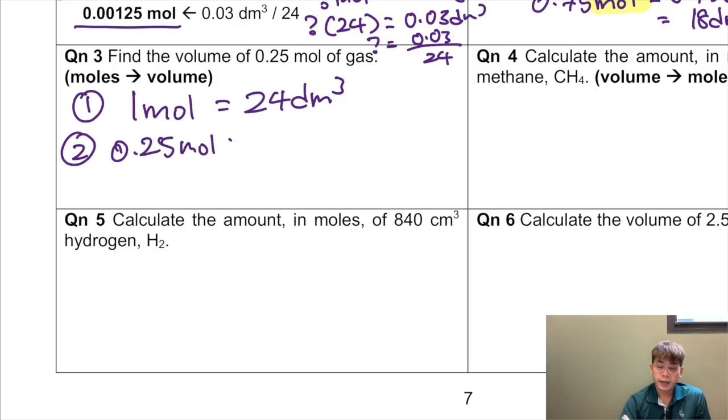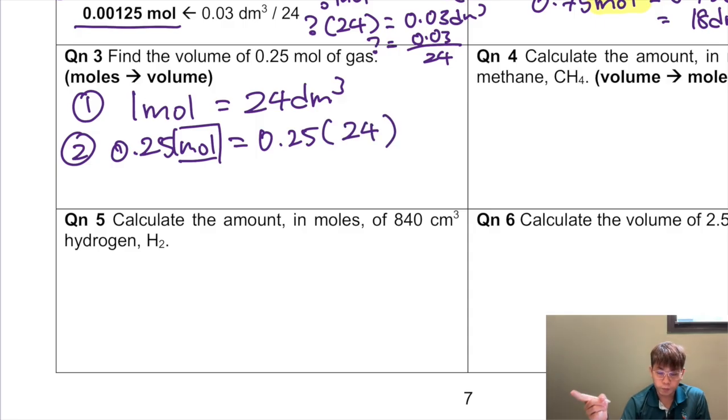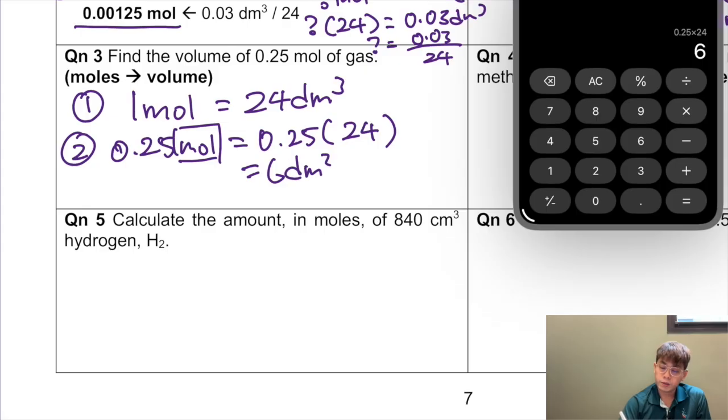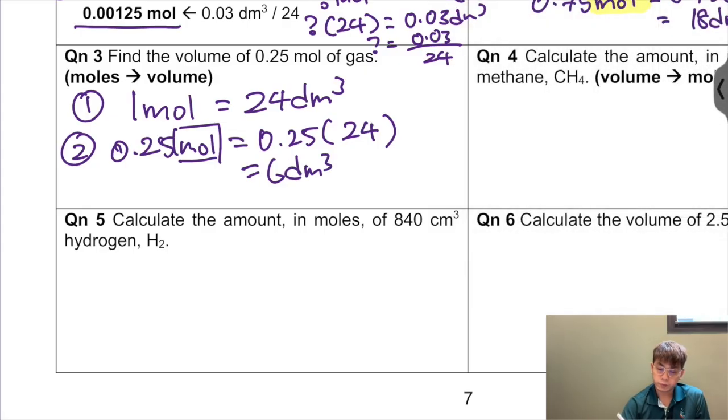I know that 1 mole is 24 dm cube, so I can change the word mole to 24. So 0.25 times 24, let's press the calculator. 0.25 times 24 is 6. So it's equal to 6 dm cube. See, no formulas memorized, just substitute the word.